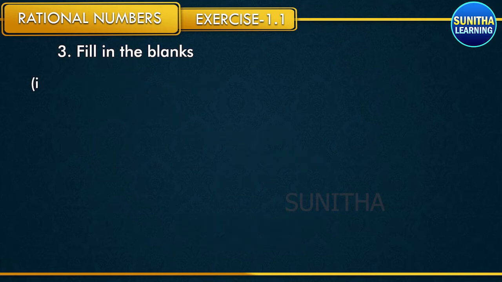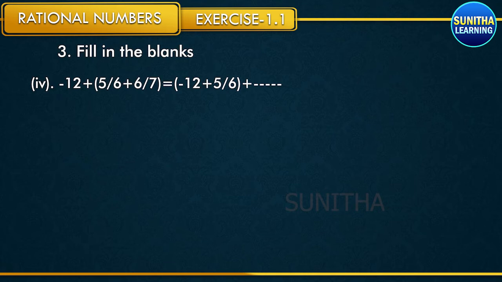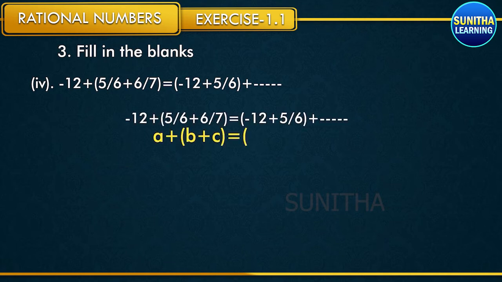Fourth one. Now if you look at the fourth one, minus 12 plus 5 by 6 plus 6 by 7 is equal to minus 12 plus 5 by 6 plus blank. So now if you see the entire LHS and RHS, all rational numbers, like if you consider minus 12 as A, 5 by 6 as B and 6 by 7 as C. Now A, B, C all are same, LHS and RHS, but they are grouped in a different manner.